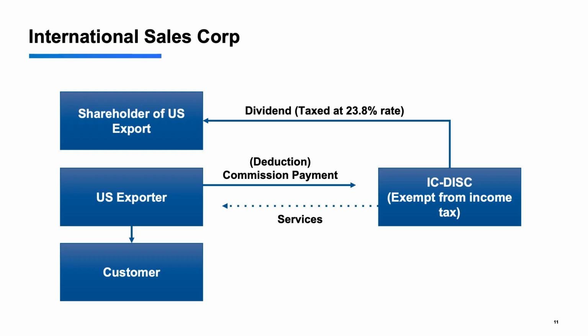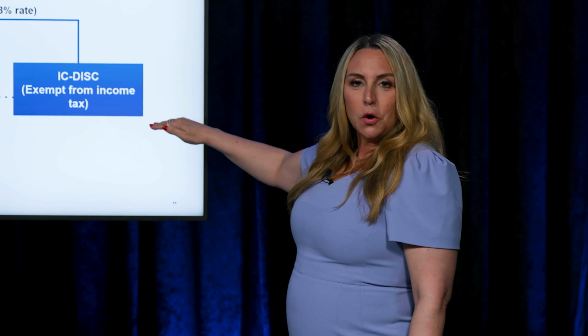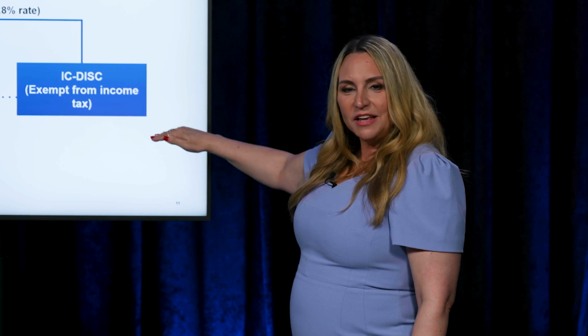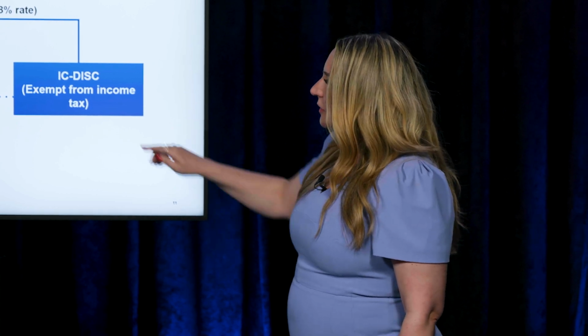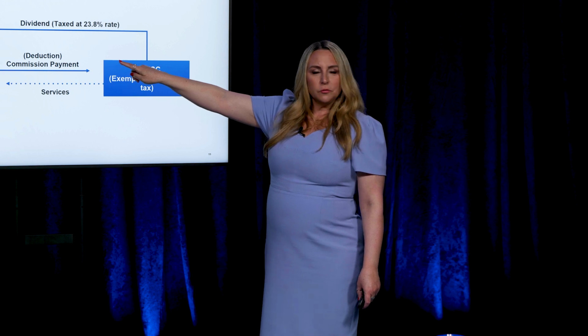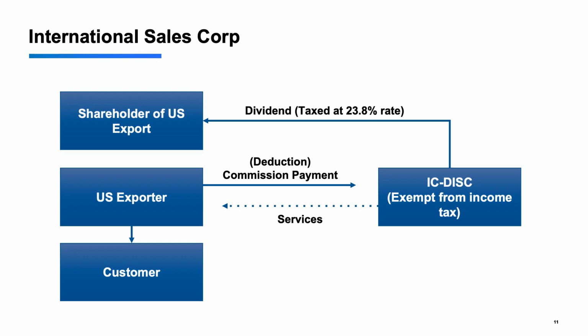But when we use an international sales corp loophole strategy, we form what's called a commission company. It's known as an IC DISC. And IC DISCs have special tax features that allow them to pay no income tax on their income. So what we do is we have the owner of the exporting business set up an IC DISC.